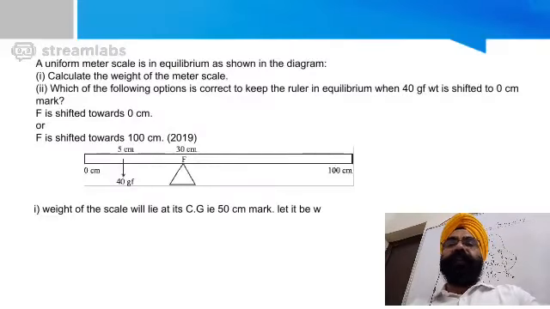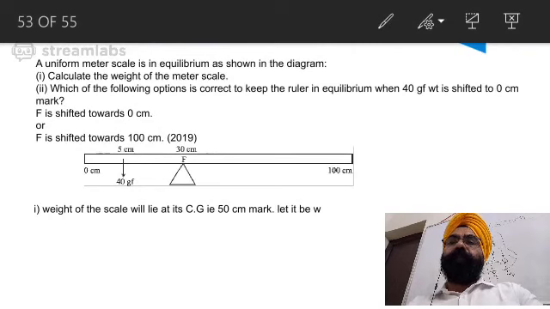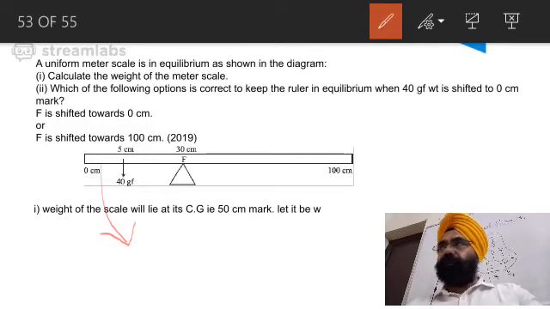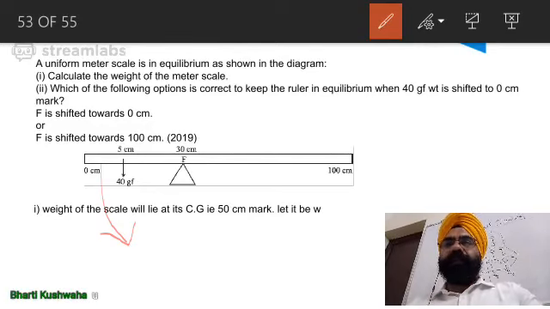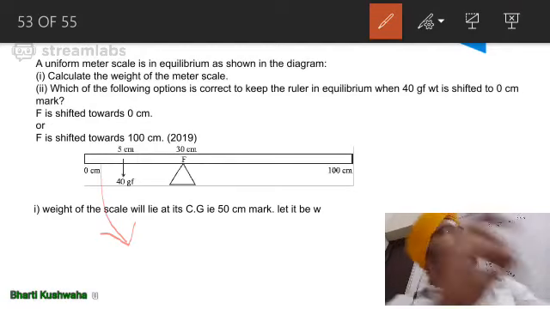So it must be creating an anti-clockwise moment, right? Which means something is balancing it. What is creating the clockwise moment?